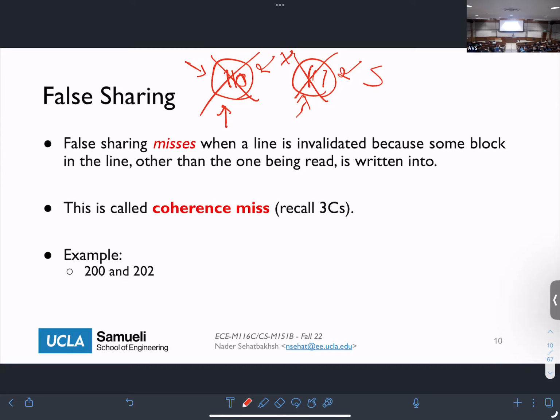This miss is happening because you are sharing something else, but you're suffering because you're dealing with some other block. So false sharing is basically the concept that you're not really sharing that block, but since the neighboring blocks are shared, that block will also experience the same issues that the shared block will have. Does that make sense?